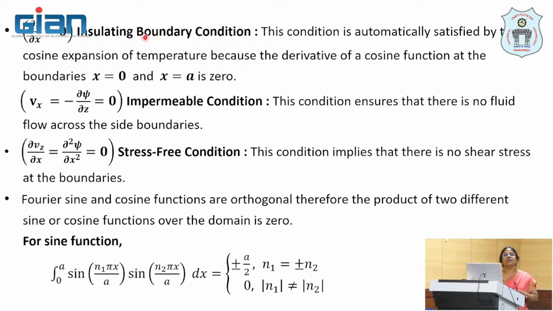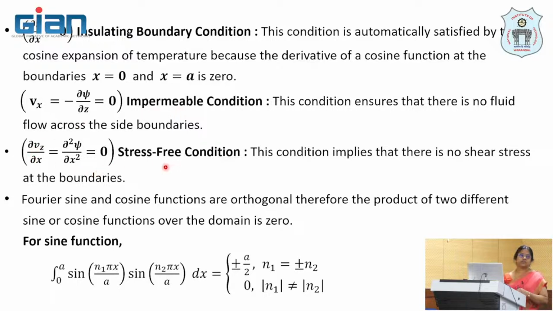So, insulating boundary conditions. Already we have seen that the side walls will have the insulating boundary conditions. It is automatically satisfied by the cosine expansion of the temperature because the derivatives of the cosine expansions are 0 at the left side, x equal to 0, and the right side, x equal to a. Similarly, the impermeable condition.